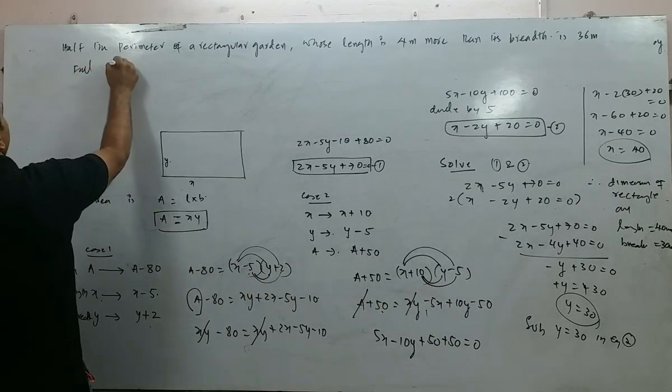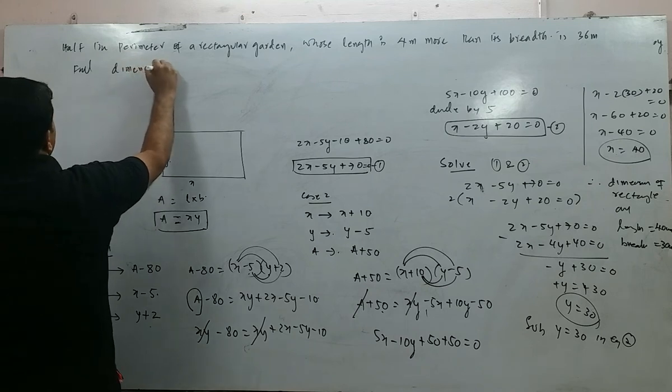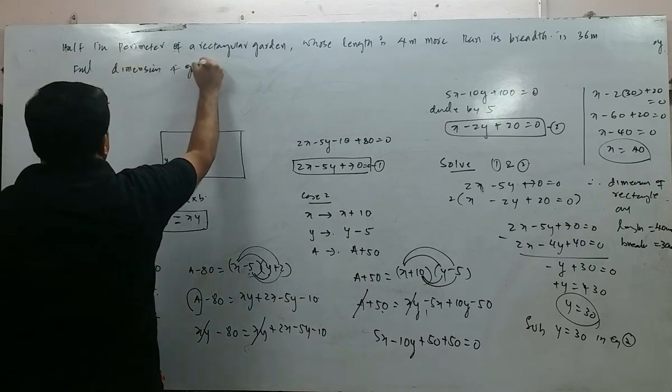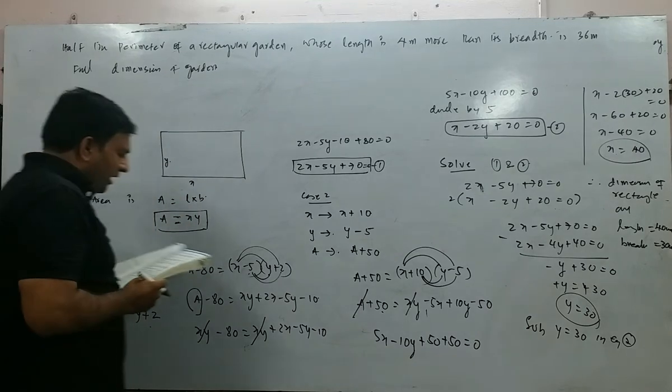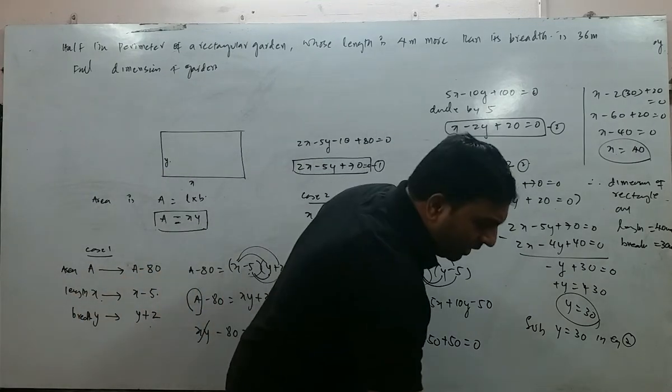Find the dimensions of the garden. Right. See, apart from pair of linear equations, you must know the formulas of mensuration.